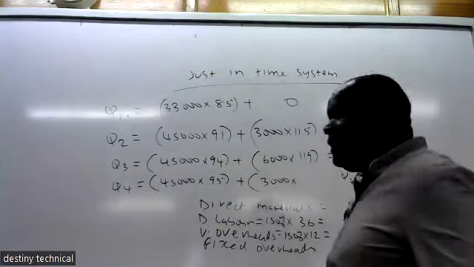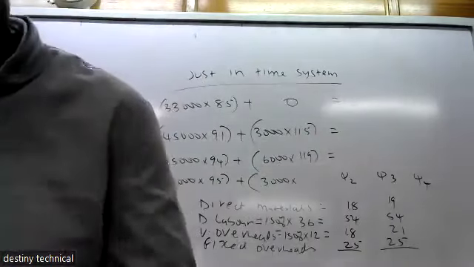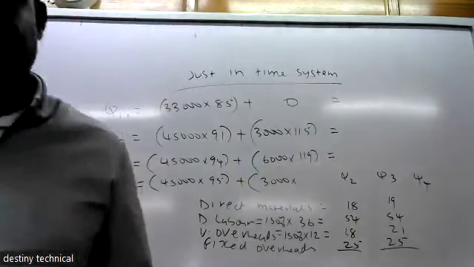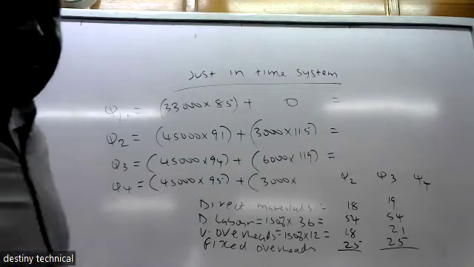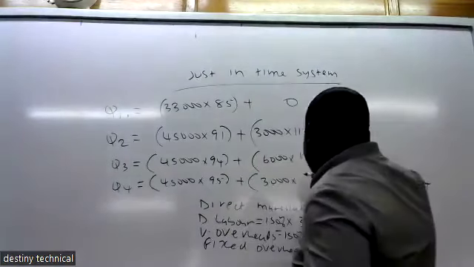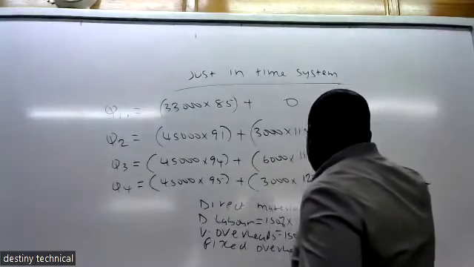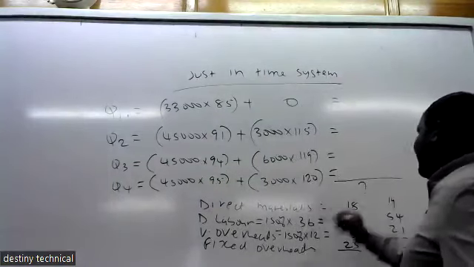What will it be to multiply by 3,000? It will be 120. So this one multiplied by 120. Then get the total costs now.